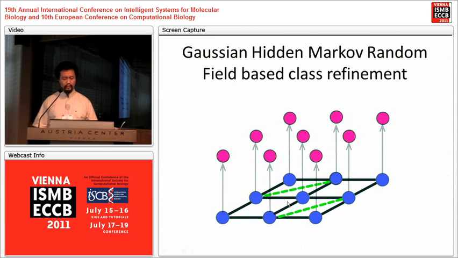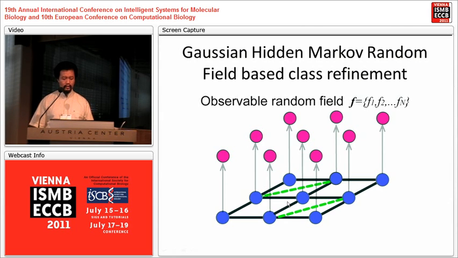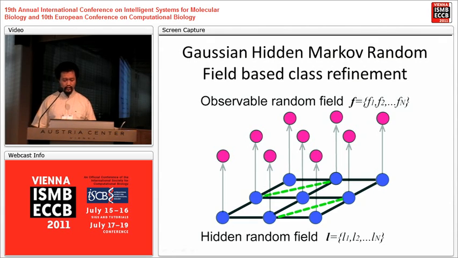To do this refinement, we use a Gaussian hidden Markov random field model, which consists of 2 random fields. It has an observable random field that corresponds to the image, the voxel intensity, and a hidden random field that corresponds to the voxel class label that is to be inferred.